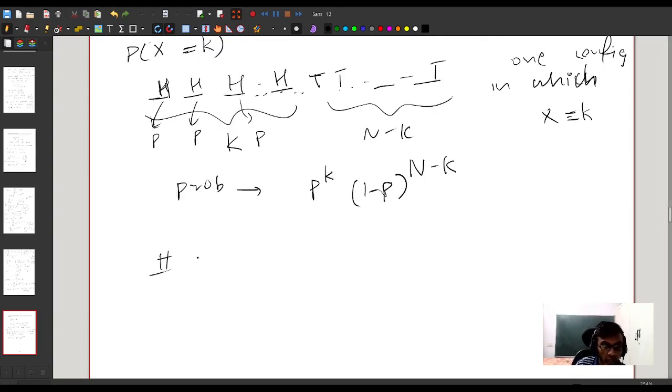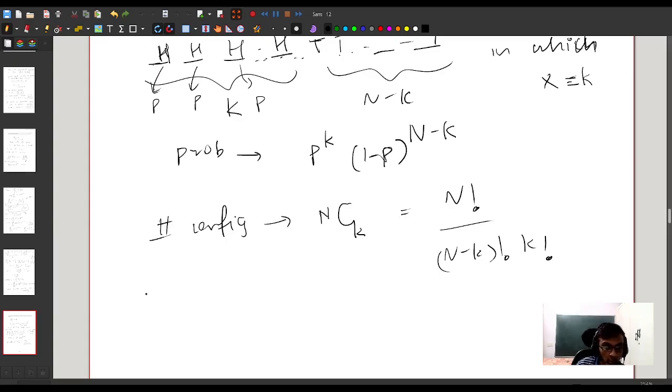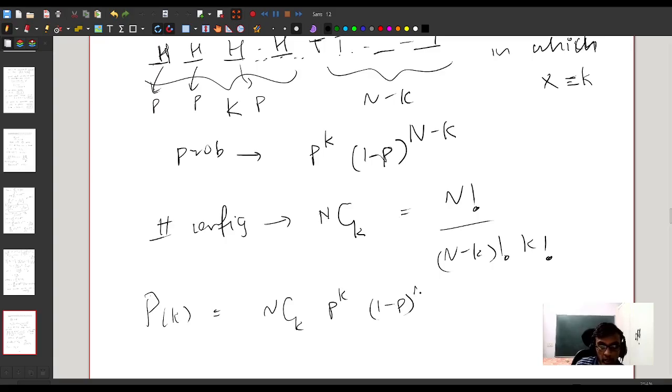The number of such configurations is the number of ways in which we can select k slots out of n, so it is n choose k. And the probability distribution finally is n choose k times p to the k times (1 minus p) whole to the n minus k. This is called the binomial probability distribution.